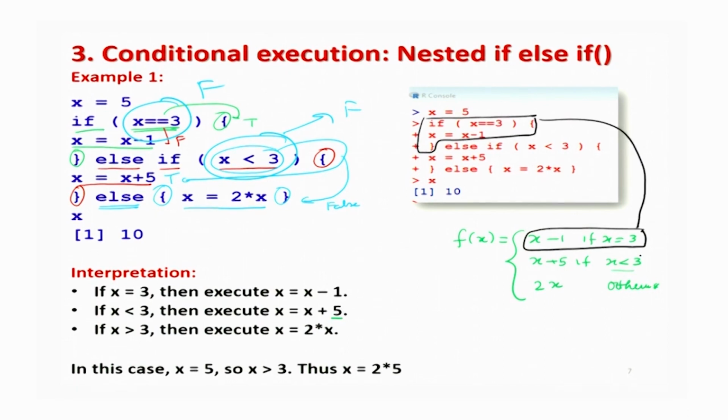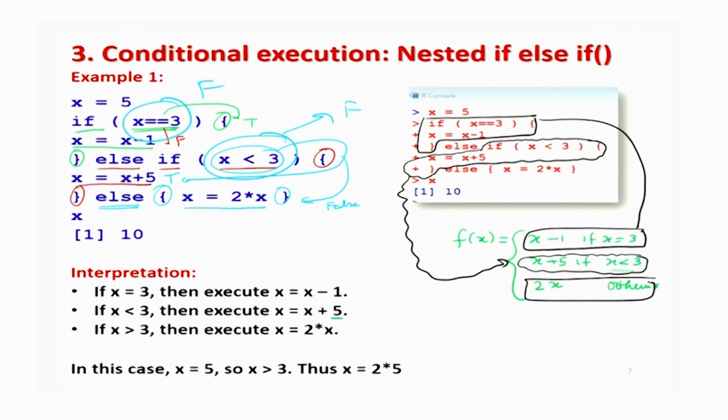Similarly, x equal to x plus 5 is executed when x is smaller than 3. This is executed here, and after this you have 2x. So you write else 2x, and this is executed here.